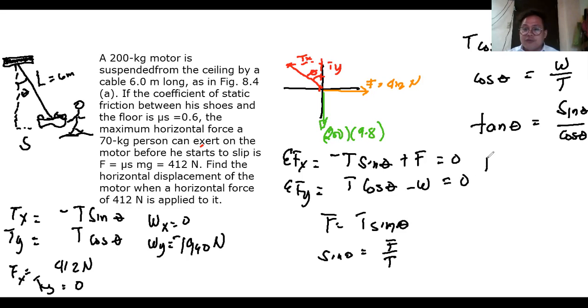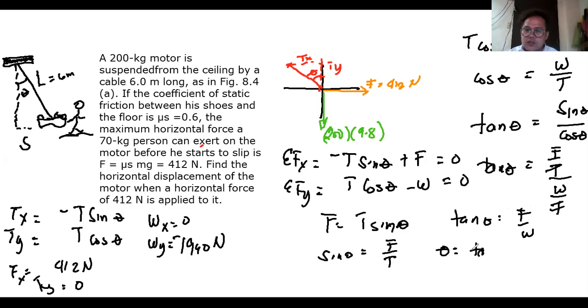You discussed trigonometric identities last year, and the lesson will also be repeated. So you will have tangent theta, where your sine theta is F over T, while your cosine theta is W over T. By this, we could cancel out your T, and your tangent theta will be equal to F over W. So your theta will be equal to tangent inverse of the ratio between 412 over 1,960.